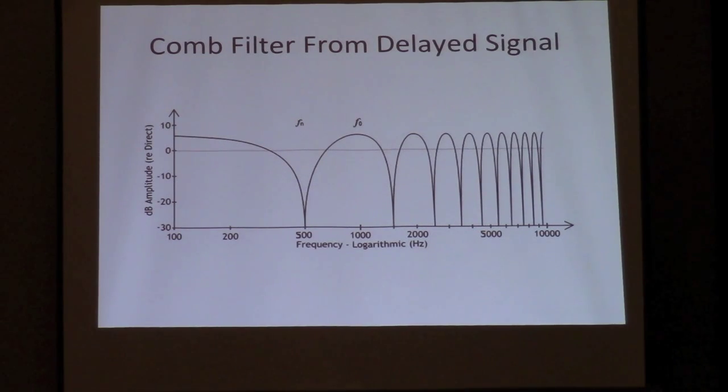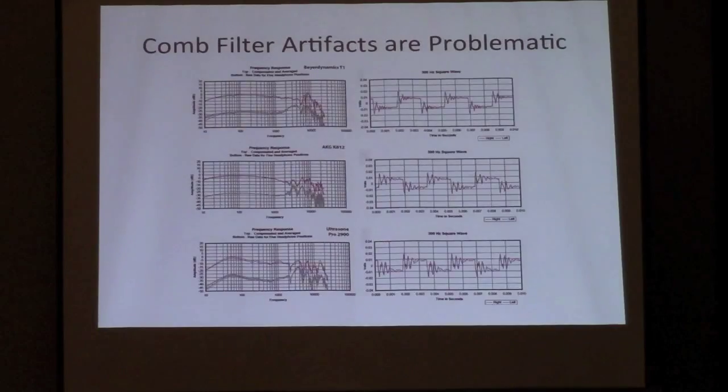Ultrasones are famous for this. They take some of the energy and they bring it around to the front of the driver plate. And it can create comb filter effects. And these are almost always just horrible sounding. So this is a Biodynamic T1, and what you're looking for here are these kind of humped features.